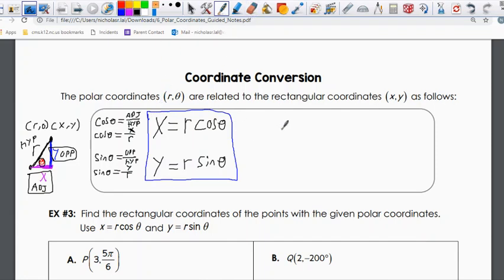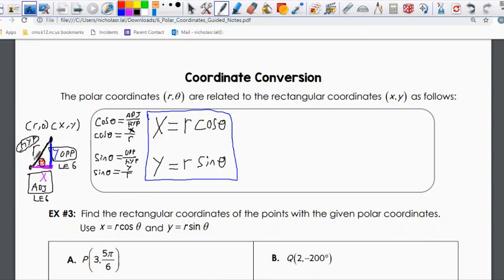Okay. Now we have x squared plus y squared is equal to r squared. So let's figure this out. For this triangle, x, y, right, we can use the Pythagorean theorem. This is a leg of a right triangle. This is a leg of the right triangle. And this is the hypotenuse.